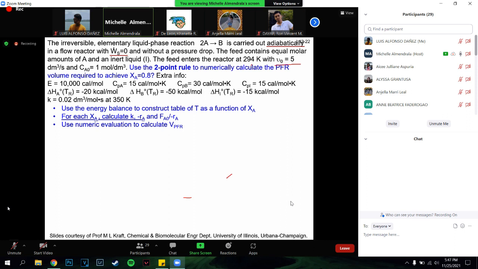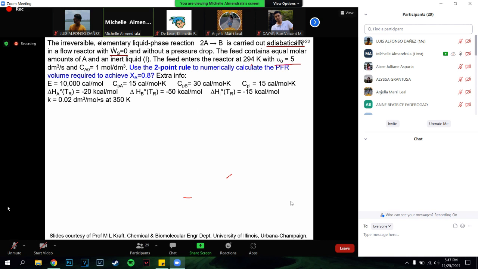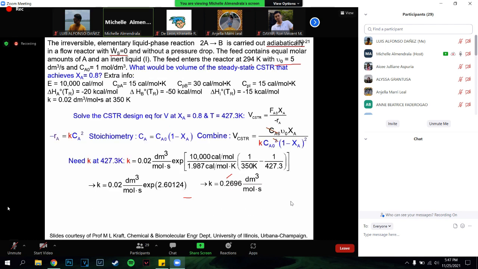The feed contains equimolar amounts. The feed enters the reactor at 294 and a volumetric flow rate of 5 and CA0 of 1. Do we have the same case? 294 Kelvin at the entrance of the feed. Is that the same as the CSTR? 294, yes, for the CSTR.